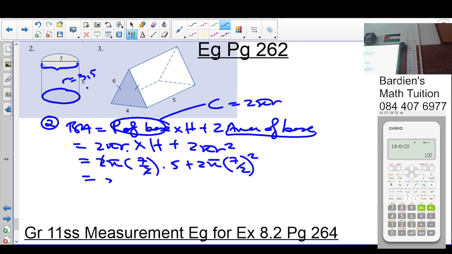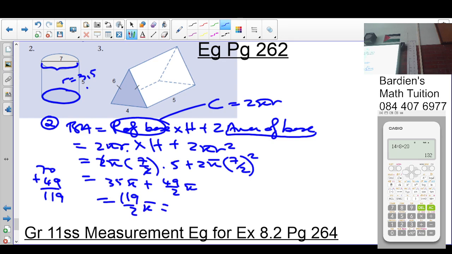So it's going to be 35 pi plus 49 over 2 pi. 70 plus 49 would be 119. So it's 119 over 2 pi.